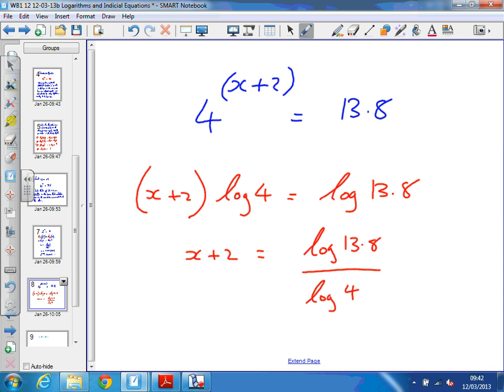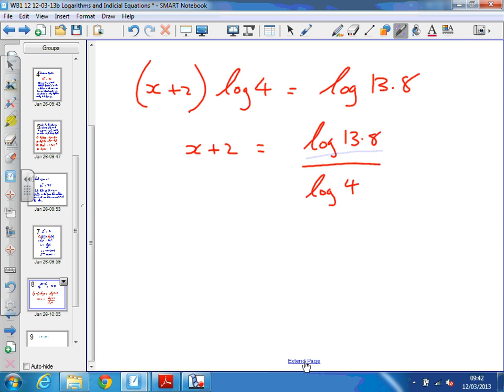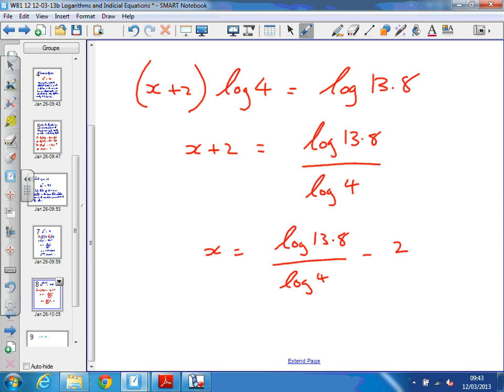So it's now just like equations. We do one thing to one side, do it to the other. This looks awkward, but remember, it's only a number. You could put it into your calculator and find out what that number was if you wanted. Now, finally, x has had 2 added, so subtract 2 from both sides. x equals log 13.8 over log 4 minus 2.